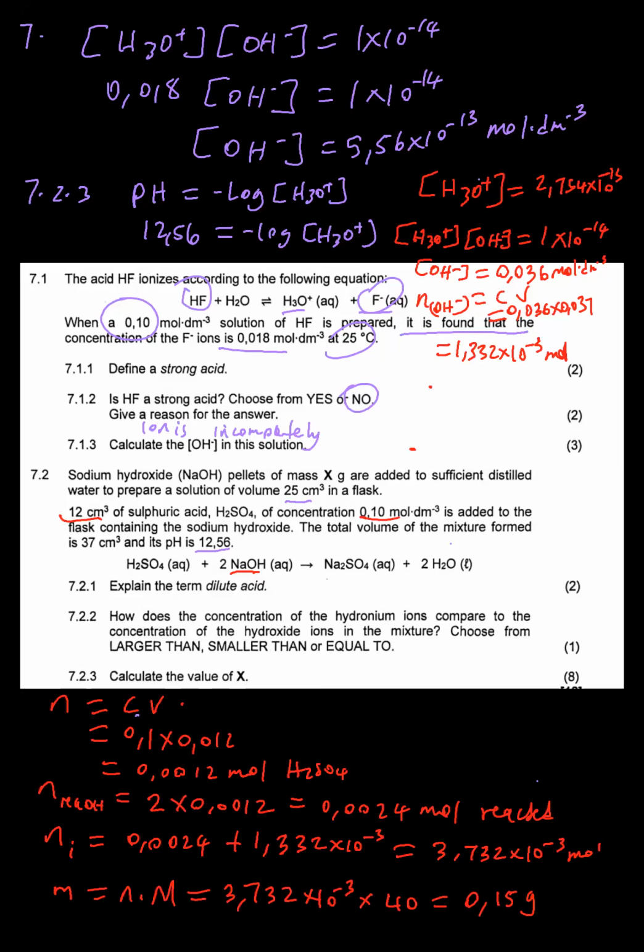In other words, we're saying sulfuric acid is not in excess in this case. What is in excess is sodium hydroxide. So once you know that, and you know the amount of sulfuric acid that reacted, it's going to be simple.